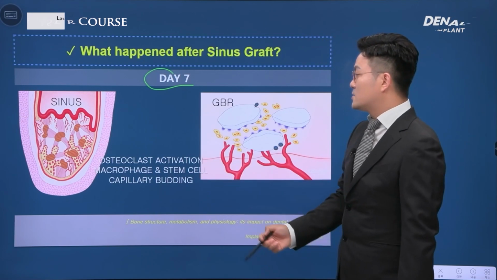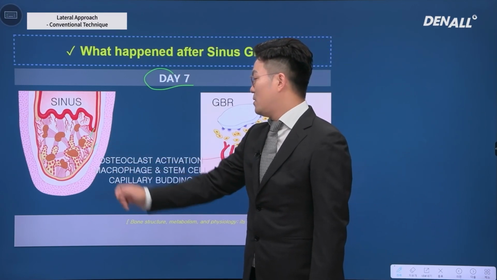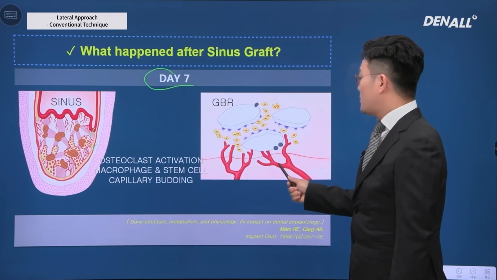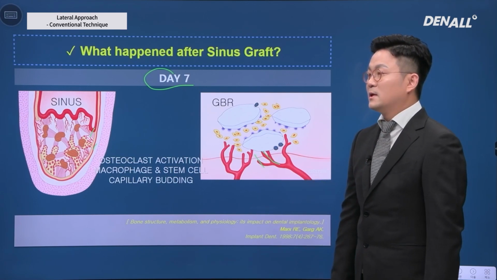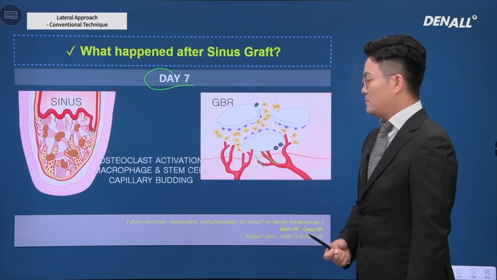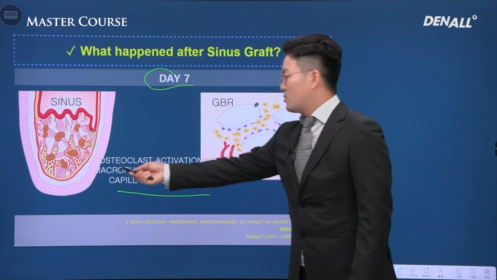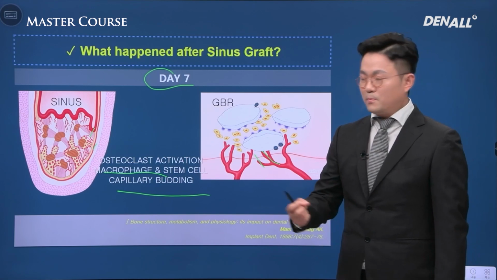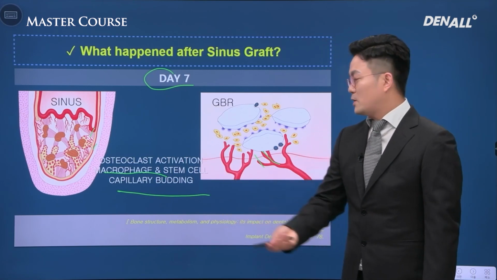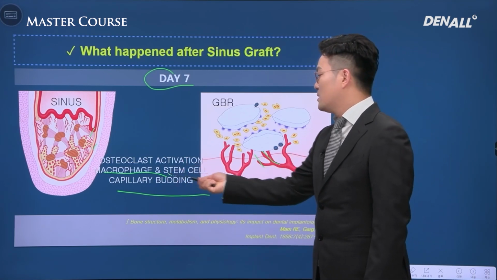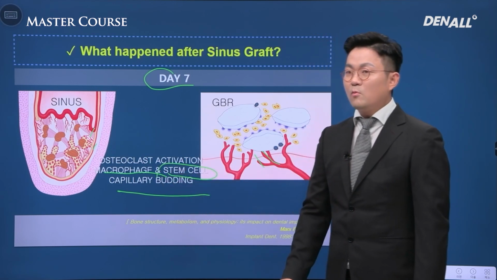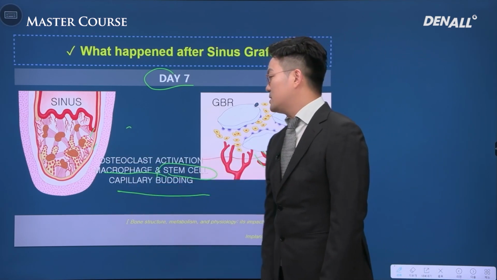Then after day 7, newly budding capillary small vessels are created, and a lot of destructive activity happens, and on the stem cell side, osteoblast precursor cells come in.